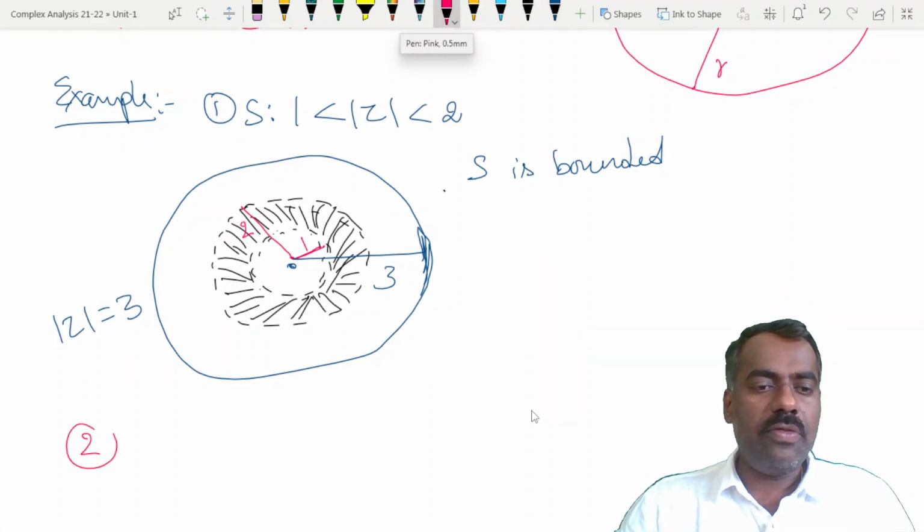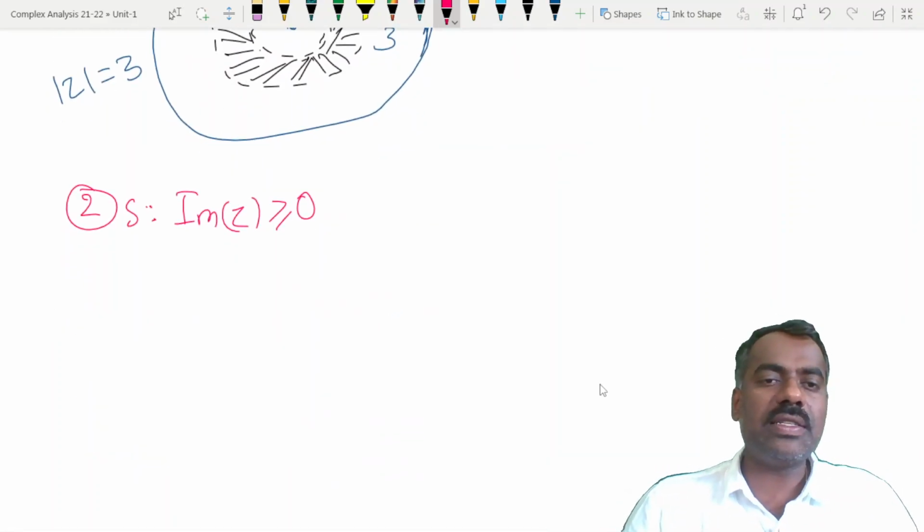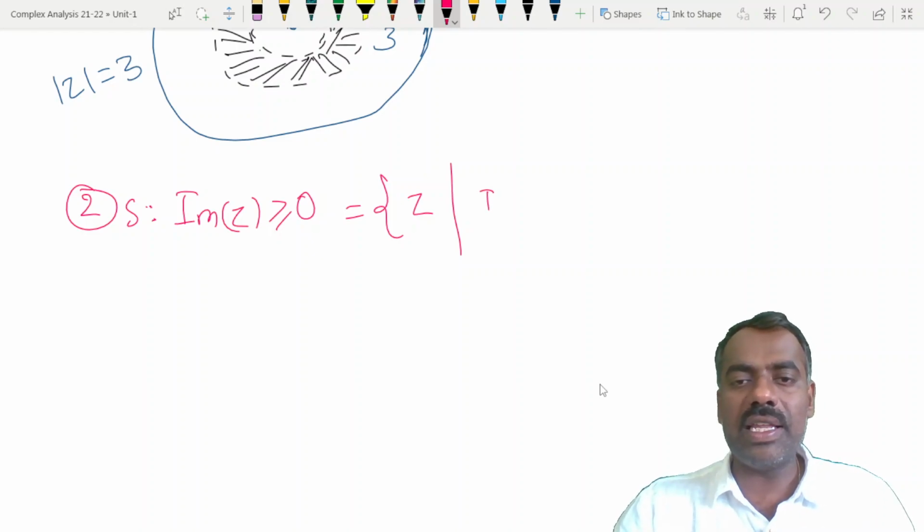Now if I take a second example, suppose my S is imaginary part of Z greater than or equal to 0. What can you say about this? What is this set? It is all Z, a complex number, such that imaginary part of Z is greater than or equal to 0.